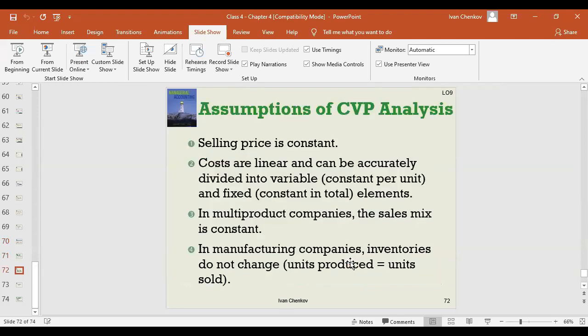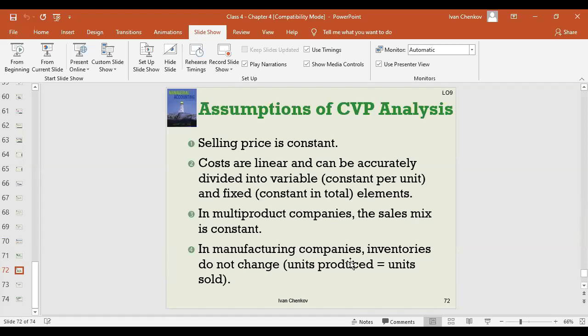What are the assumptions? In order for this cost volume profit analysis to work, we have to understand that the selling price is constant. Costs are linear, and those costs are divided into two: variable, which are constant per unit, and fixed, which are constant in total. For multi-product companies, when you're selling multiple products, the sales mix is the same.